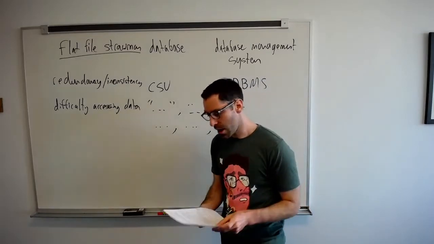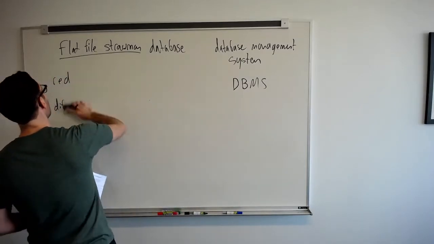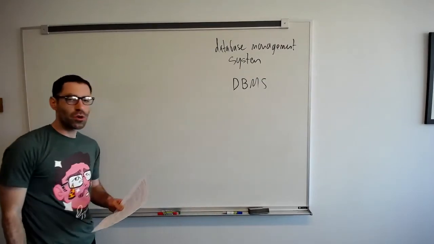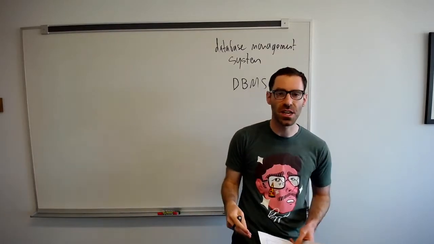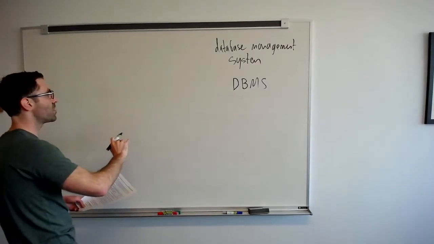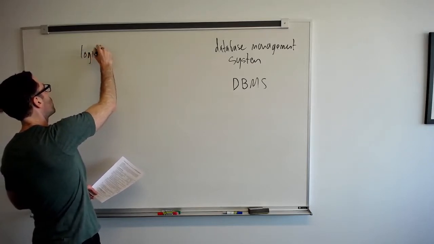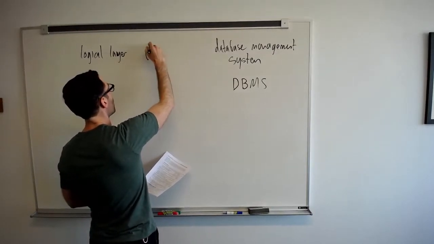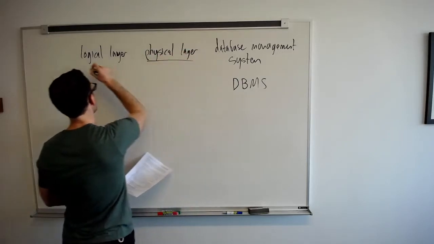So, a bit of history. In the early days of databases, and here I'm talking about the 1950s and 60s, we can think of database systems having what I'll call a logical layer and a physical layer.